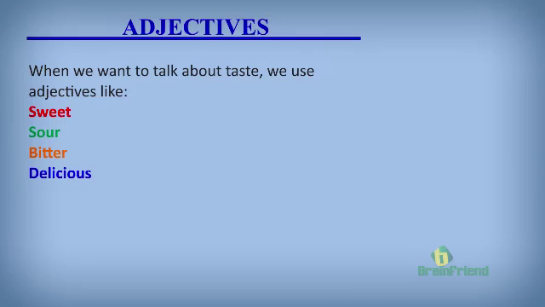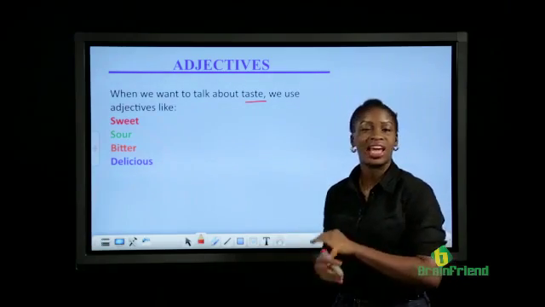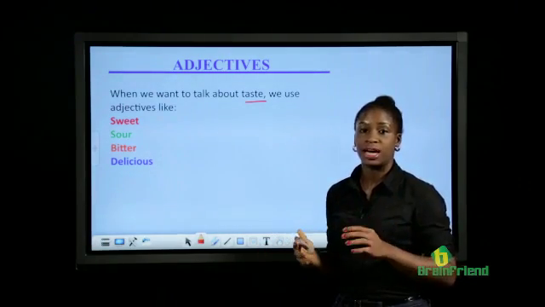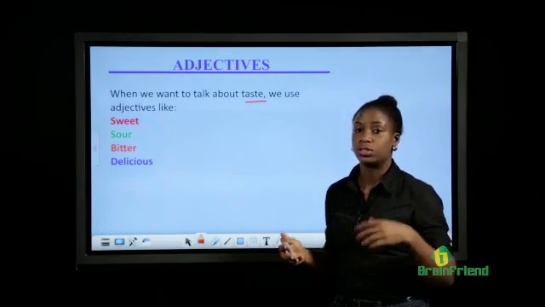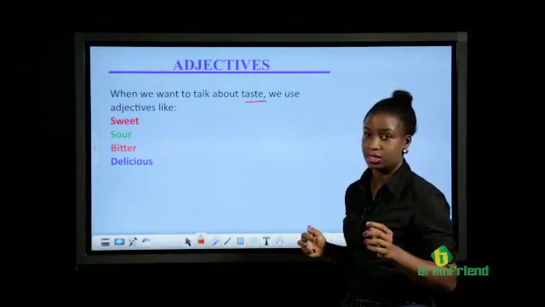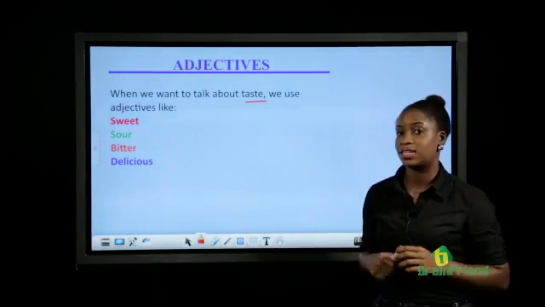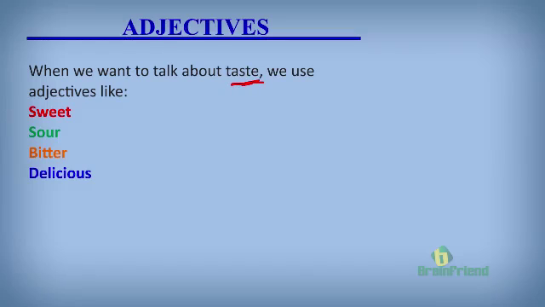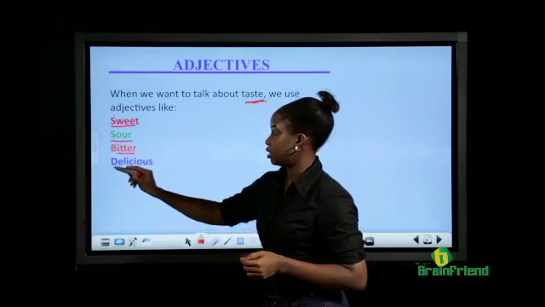Now we have adjectives that also talk about tastes. Remember we said adjectives provide more information, a word that tells you more about a noun, any kind of information. It provides number, the way it looks, the size, the shape. So we also have adjectives that tell us how a noun tastes. For example, you have sweet, sour, bitter, and delicious.